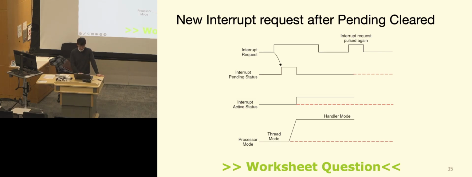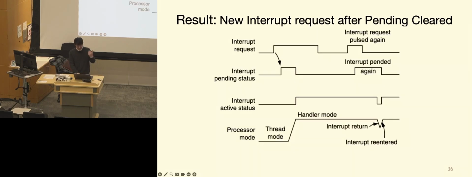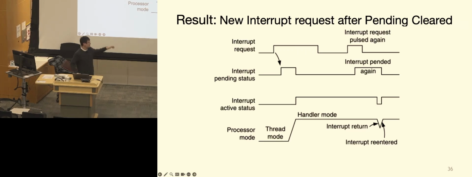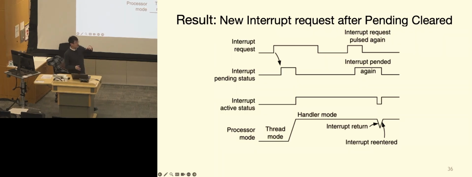Okay, so that is actually correct. Good job. Essentially, even during the processing, the handler mode of the processor, the rising edge of the interrupt request can still cause the pending state to go up. That lets the processor know that there's something still trying to be executed, even if it's from the same interrupt.